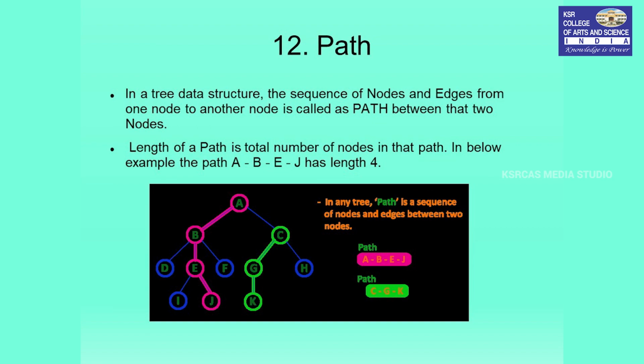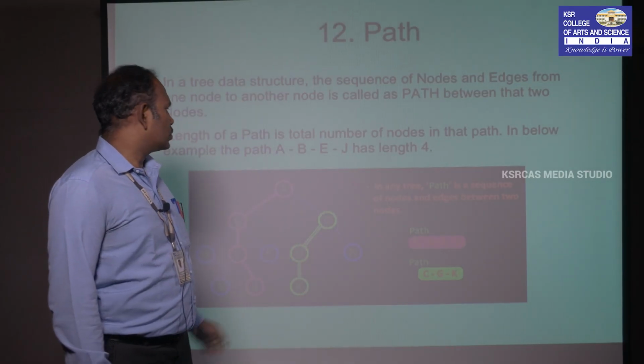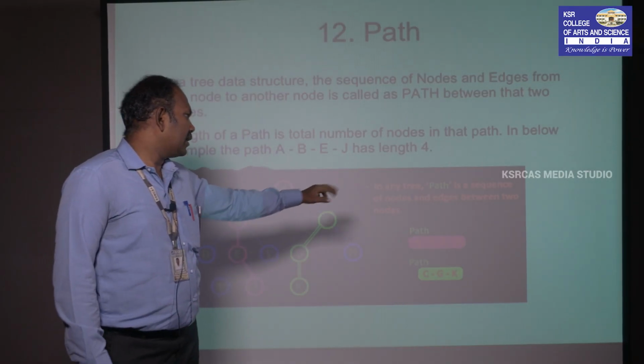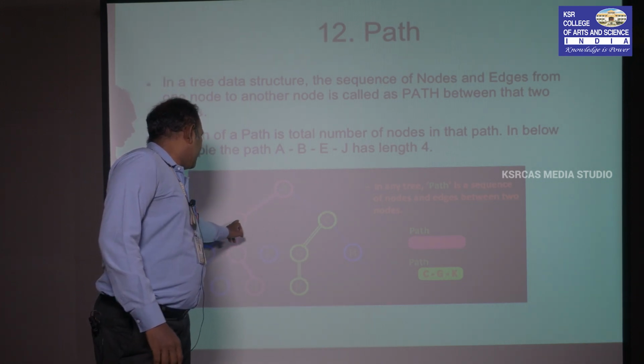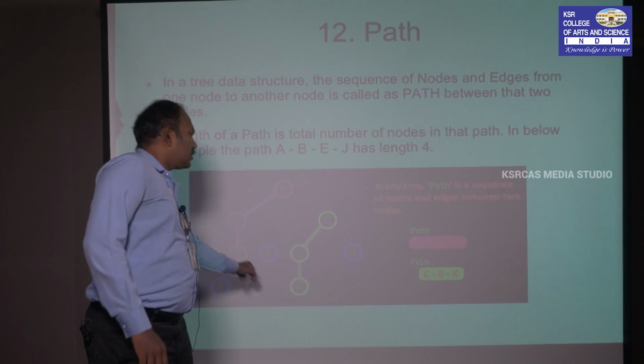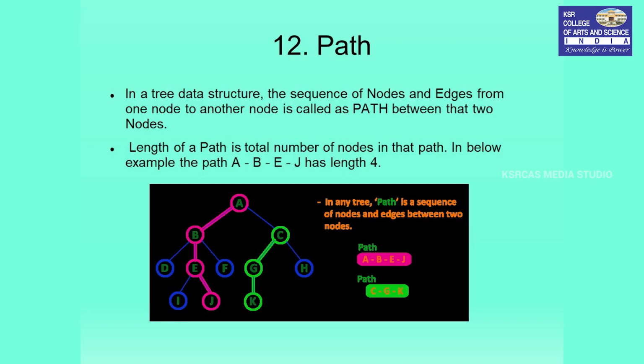The sequence of nodes and edges from one node to another is called the path between the two nodes. So here A, B, and C form a path.